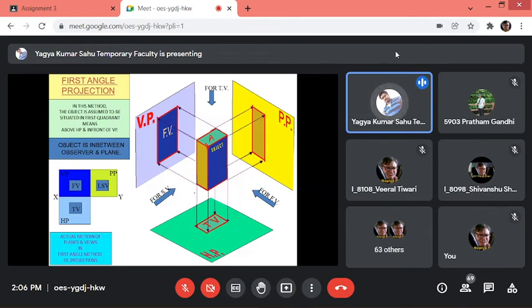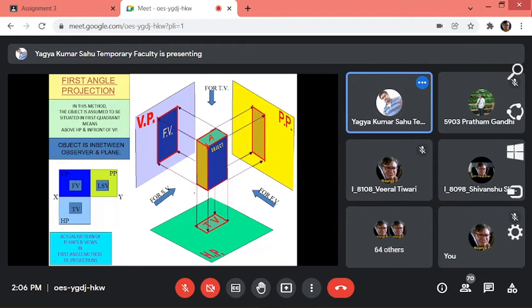Suppose consider these three planes making a cube, a cuboid. Then how many points will you get? Suppose there are 6 planes, 2 vertical planes, 2 horizontal planes, and 2 profile planes, just like your room.